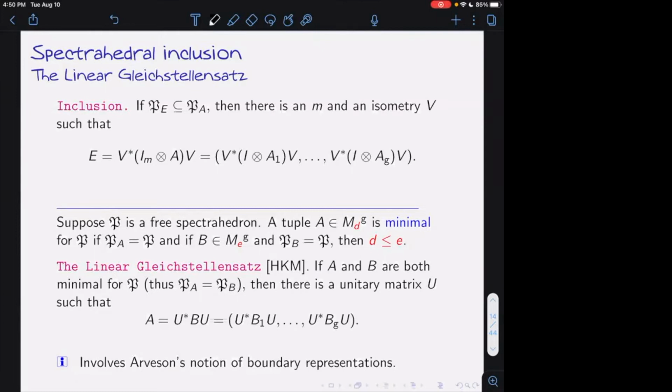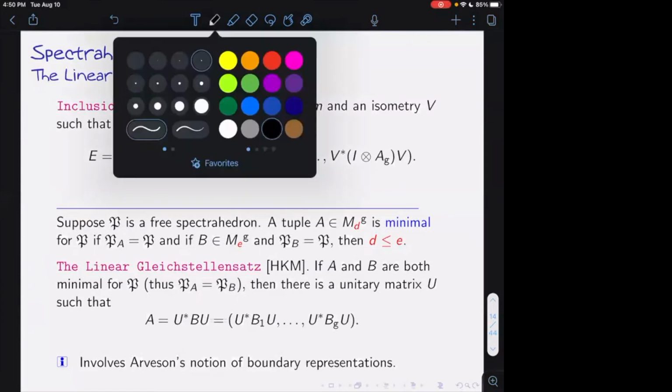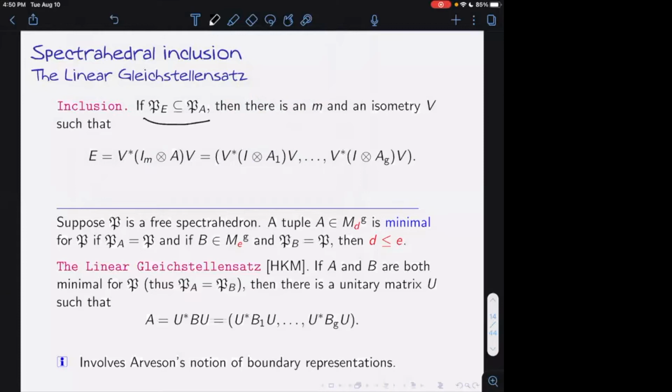So the inclusion of P_E into P_A, again, the free spectrahedron determined by E into the free spectrahedron determined by A, is equivalent to a map being completely positive. It's some map at matrix level, so that's completely understood. That just says E dilates, or is a compression of, some number of copies of the tuple A. So I_M tensor A, you could think of that as just a direct sum M times.